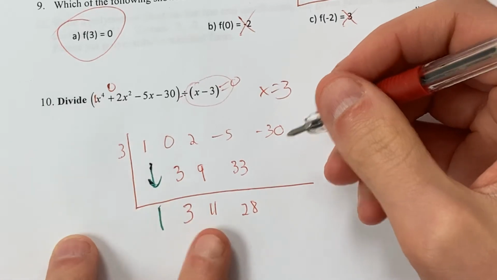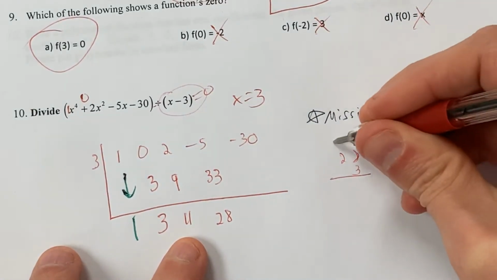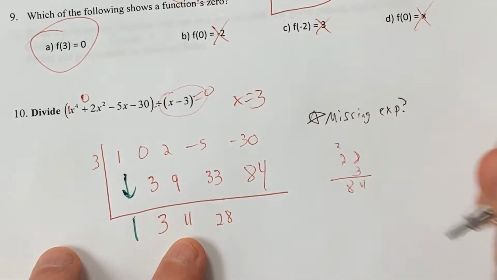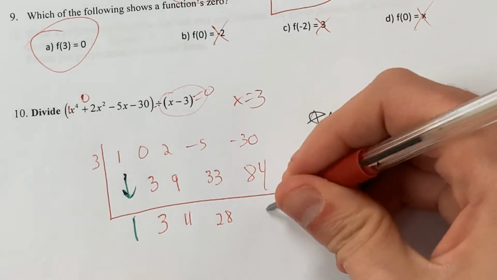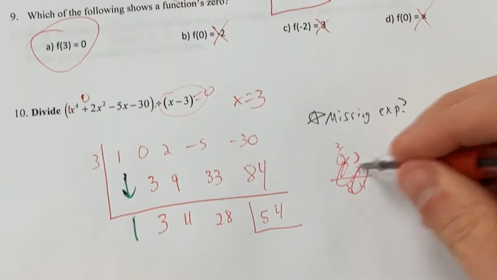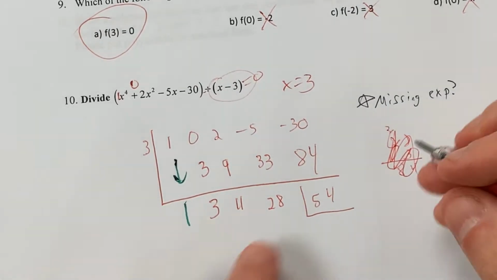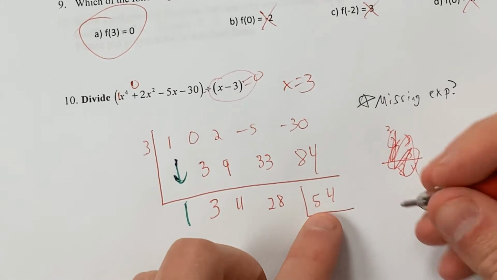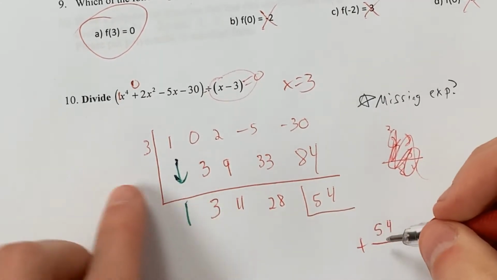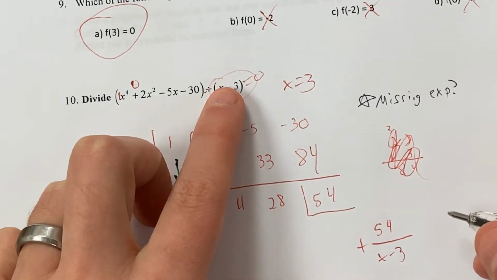These being multiplied, 84, which gives me 54 when I add them. So our answer, first of all, this is the remainder. So it's going to end with plus 54 over x minus 3, because that's what we're dividing by.